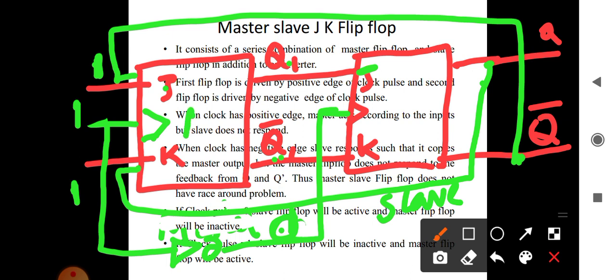When the master is active and the slave is inactive, the slave will not give any output to the master. That is why, when you give 1 as an input, this race around condition can be avoided.